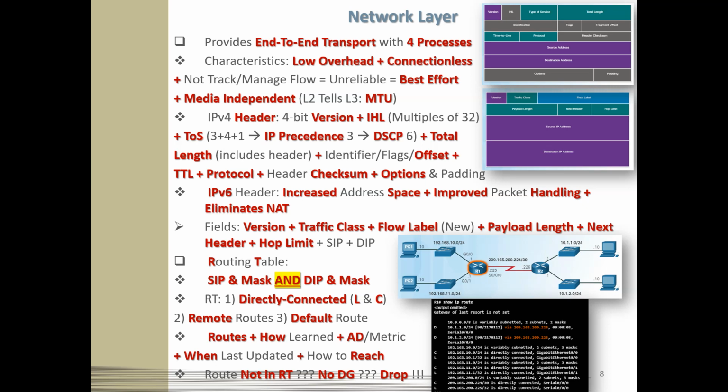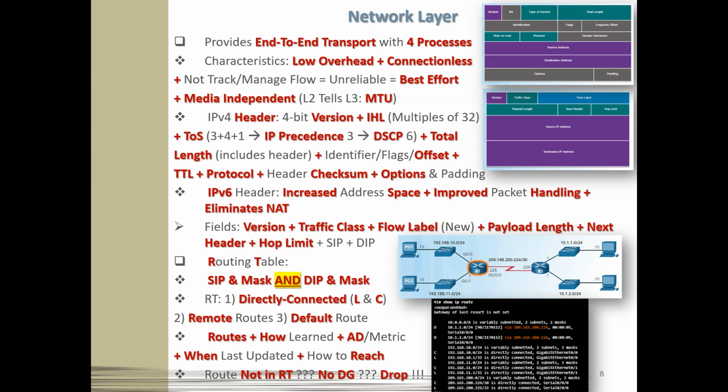This new field, flow label, suggests that all packets with the same flow label receive the same type of handling by routers. The next field is payload length. This 16-bit field indicates the length of the data portion, or the length of the payload, of the packet. Unlike IPv4, where we had total length, we don't have that field anymore.